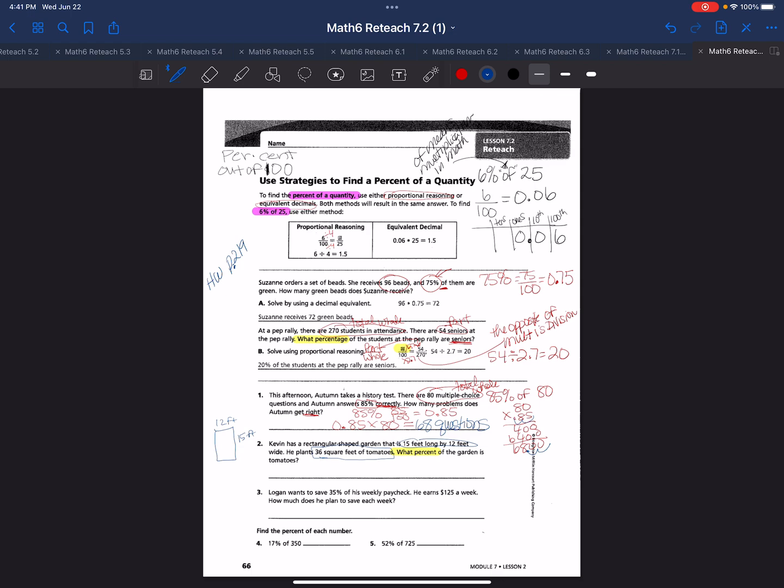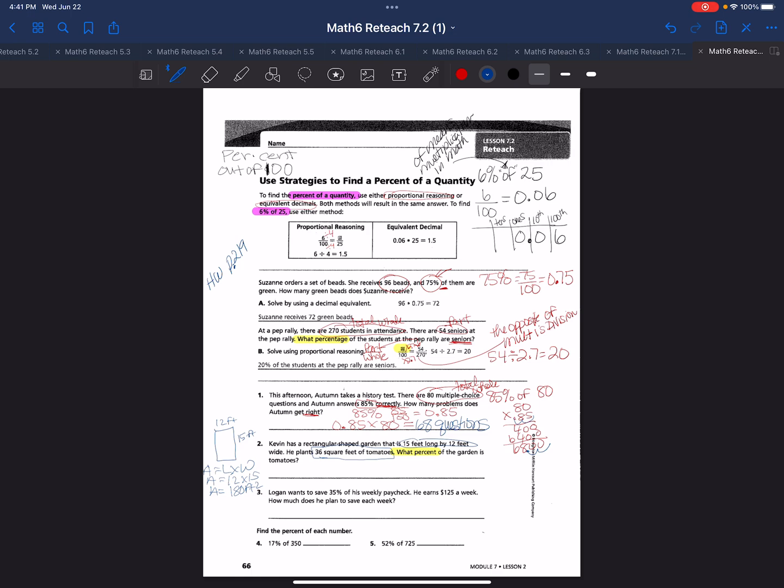Now I need the total amount, and they did not give me the total amount here to do my proportional reasoning. So I need to find the area, which is length times width. So the area is 12 times 15, so I know my area will be 180 feet squared. We're going to need that for this problem.